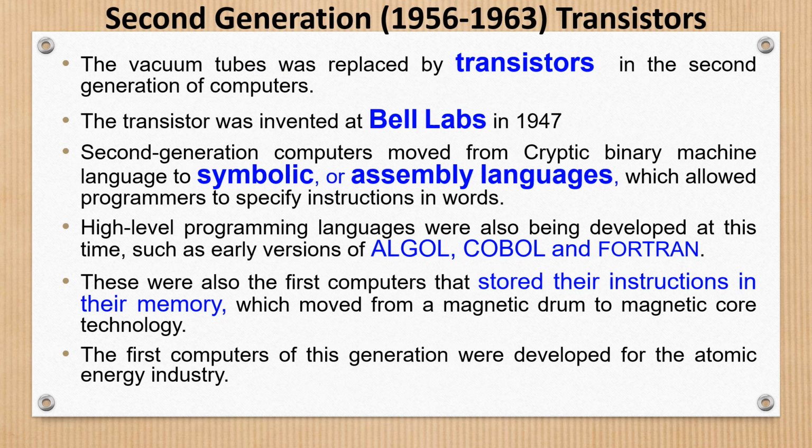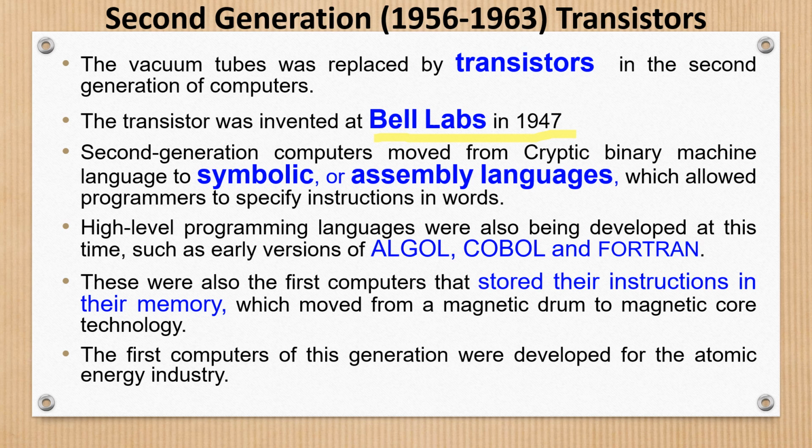And after the first generation, it moves to the second generation, which starts from 1956 to 1963, and it completely depends on transistors. So in the second generation, the concept of vacuum tubes was replaced by transistors, and the transistors were invented at Bell Labs in 1947.